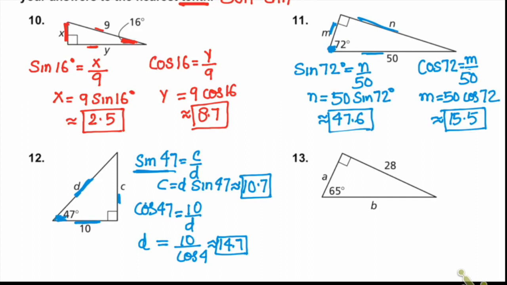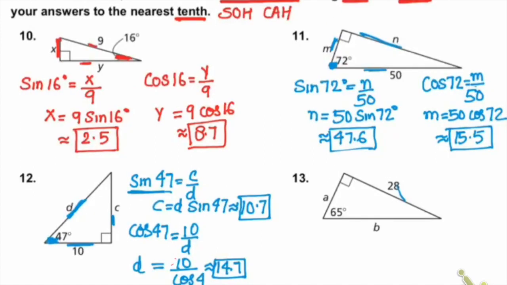Question number 13, we have been given a triangle, and we need to find the value of a and b. For that, we look at this angle, which is 65 degrees.